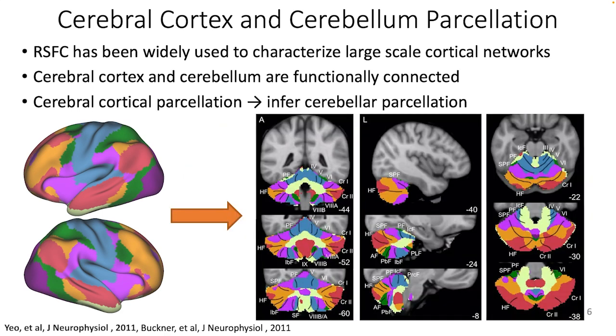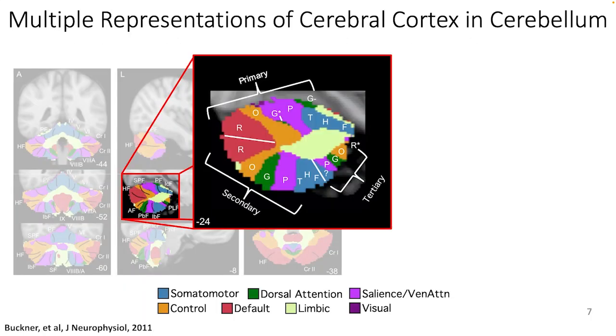The functional connectivity between the cerebral cortex and the cerebellum enables us to map the cerebellar regions based on the cerebral cortex. Previous work from Buckner used Yeo 2011 cortical parcellations to estimate cerebellar parcellations at the group level. According to this study, there are multiple representations of the cerebral cortex in the cerebellum.